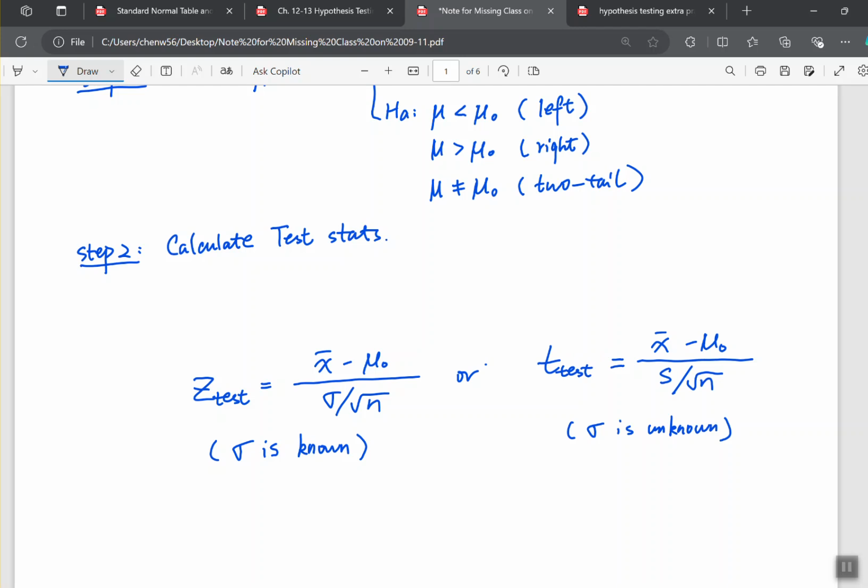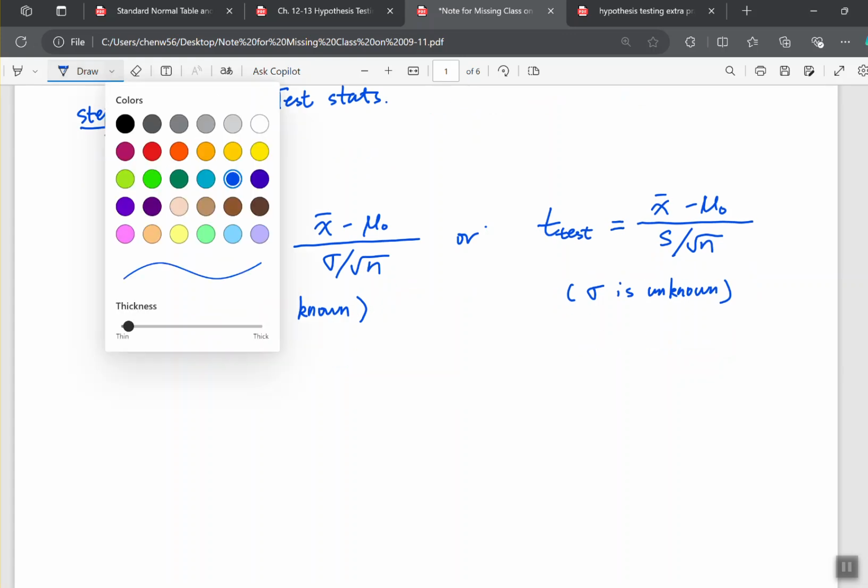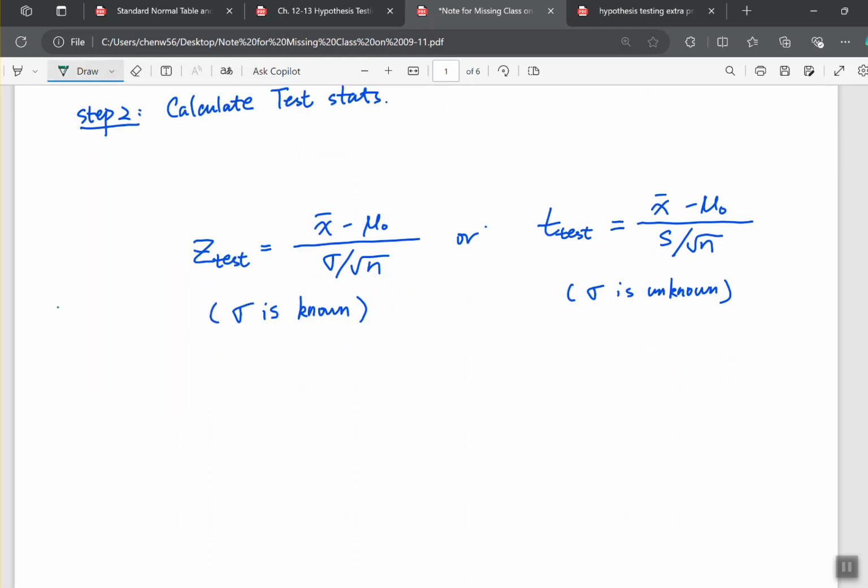All right, and actually this formula comes from our z-score formula. Here we talked about a story or an idea for the hypothesis test. This formula comes from our z-score formula, x bar minus mu over sigma over square root of n.